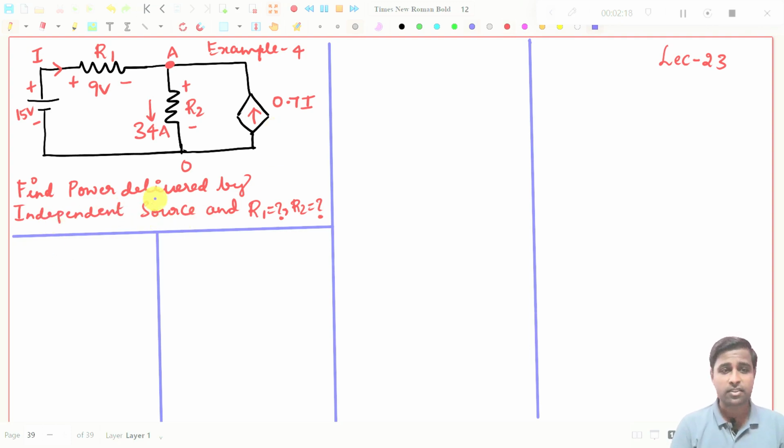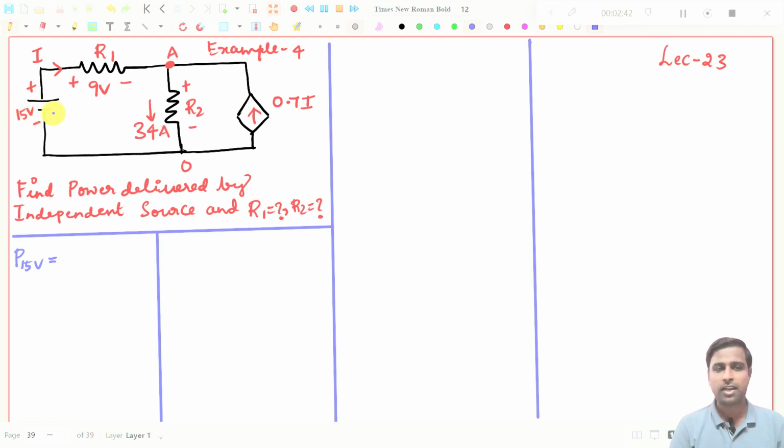So what is the first question? Power delivered by the independent source. Which is the independent source? This is the independent source, the 15 volt source. I will write down the formula first. P 15 volt has to be found. What is the formula for power? Power is equal to V into I. That we know already.